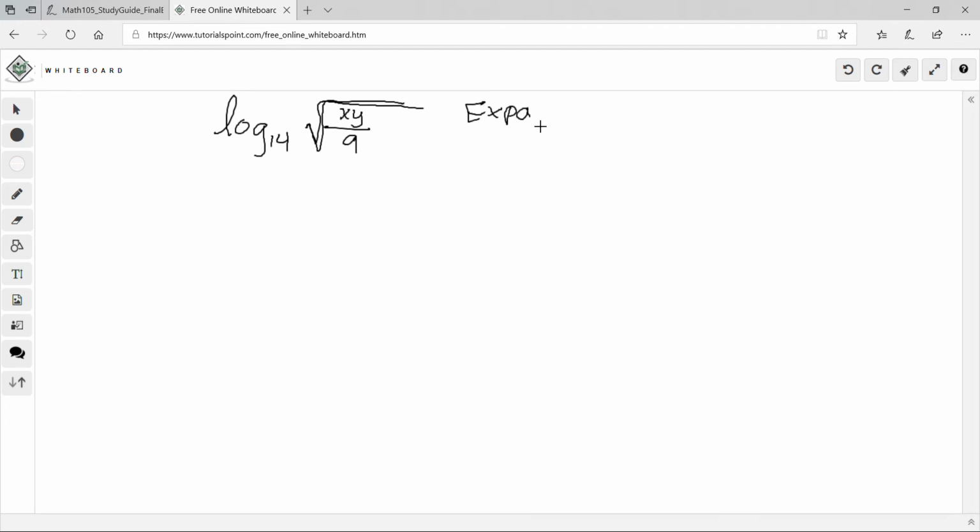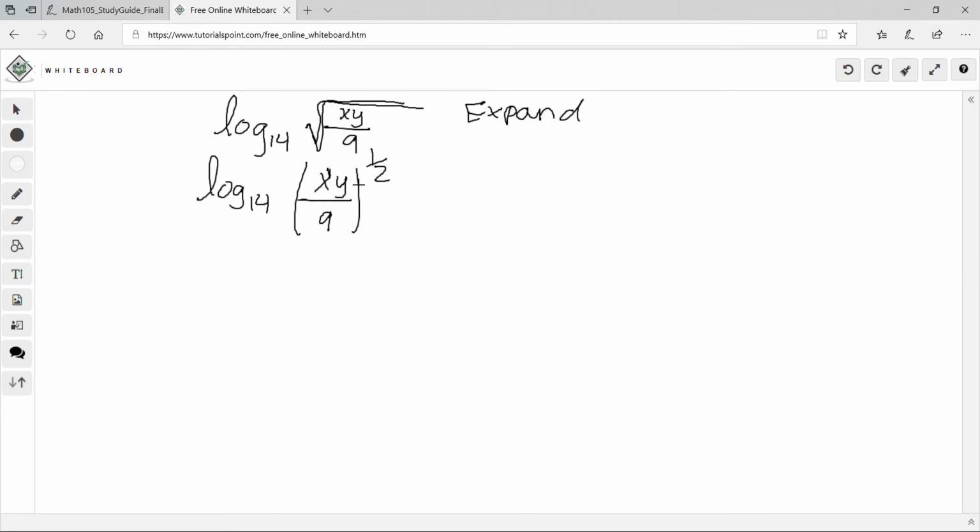That's what they want. So first I can rewrite this square root of xy over 9 as log base 14 of xy over 9, to the 1/2, because that's the same thing. Now remember this 1/2, we gotta distribute it. When you're raising a power to another power, you're multiplying the exponent.